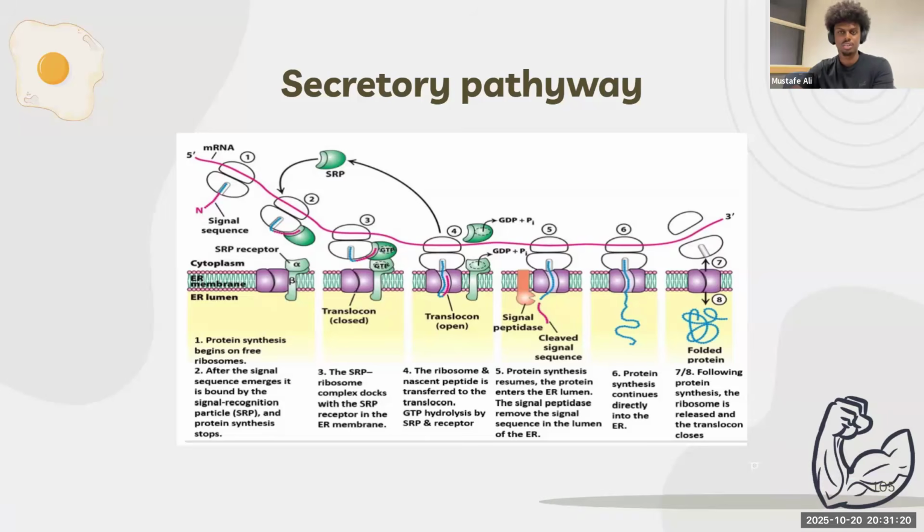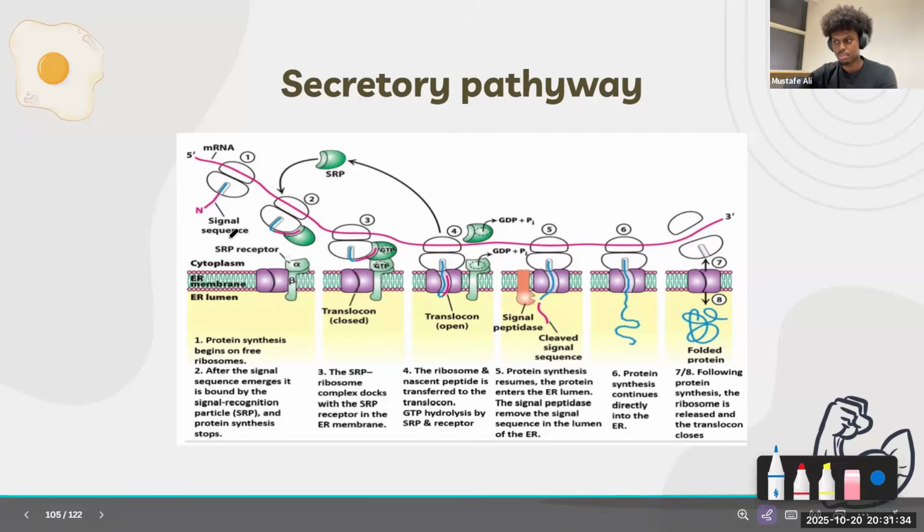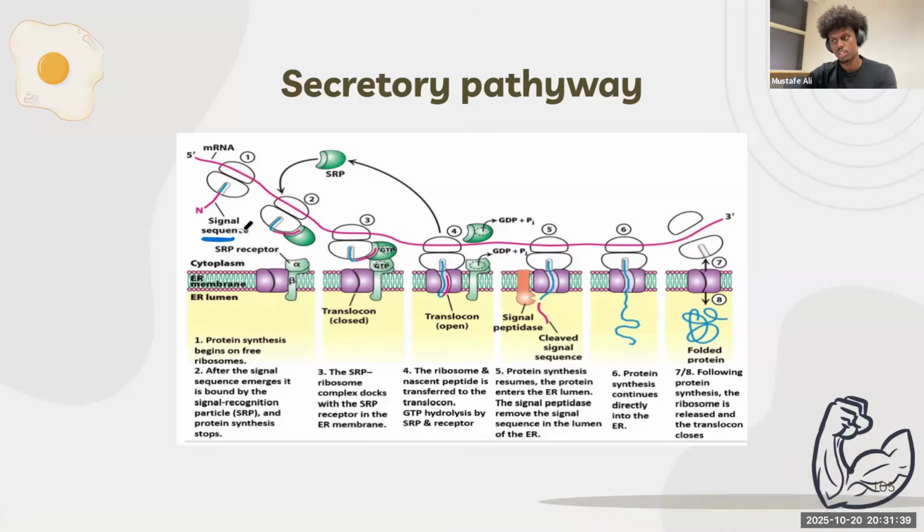Once it goes towards the RER, there is a ribosome that is waiting on the outside of the RER. This ribosome binds onto this mRNA, and what it does is that it translates it slightly, okay? Once it slightly translates it, it leads to a signal sequence being produced, okay? So this signal sequence is produced with the first couple of codons that are translated.